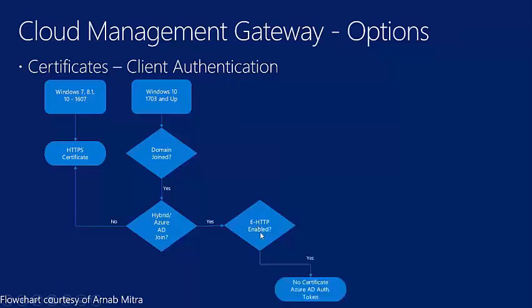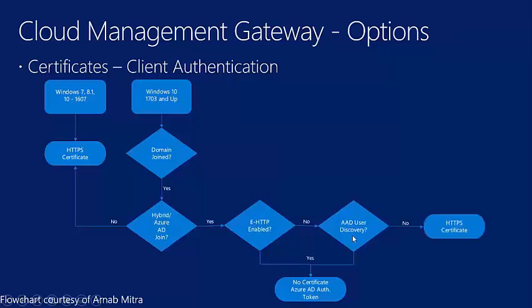If the answer to that is yes, then great, we don't need a certificate. We're simply going to use the Azure AD authentication token to authenticate. If enhanced HTTP is not enabled, then we ask the further question, is Azure Active Directory user discovery enabled? If it is, great, we can still avoid our certificate and just use the Azure AD auth token to authenticate, right?